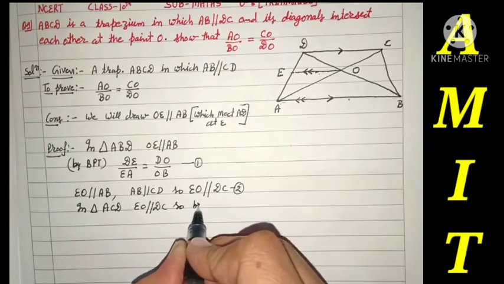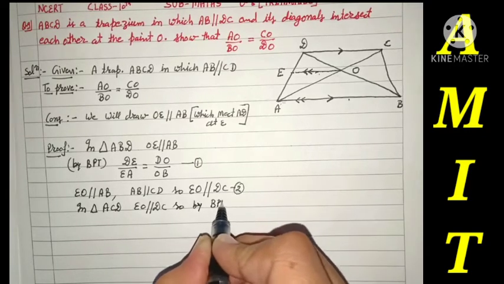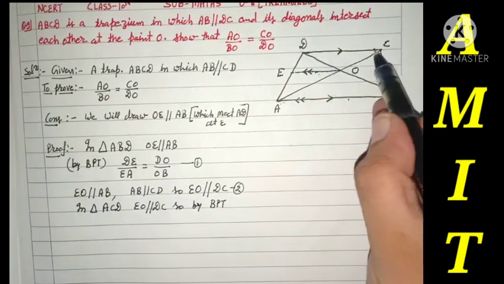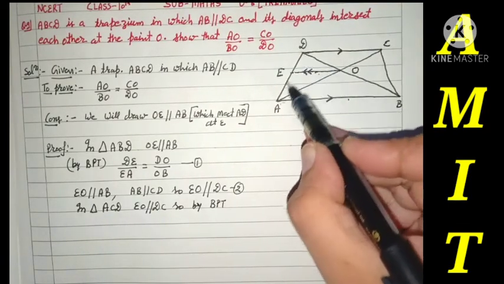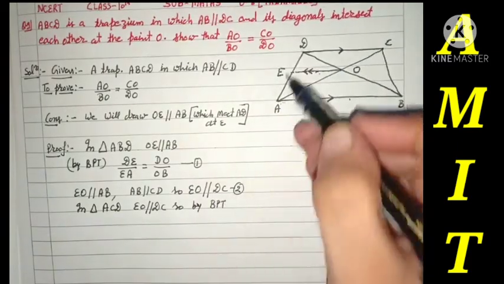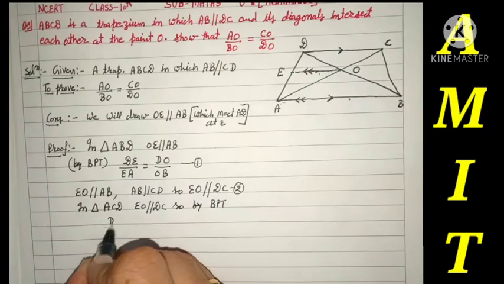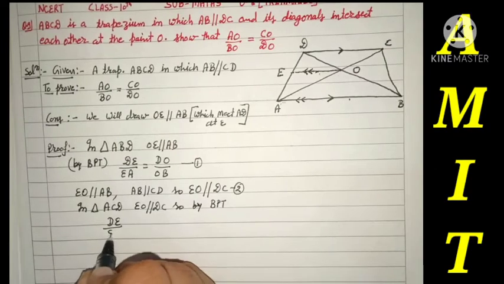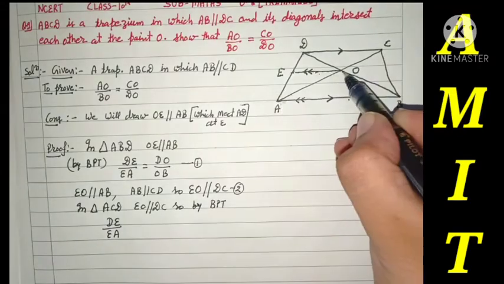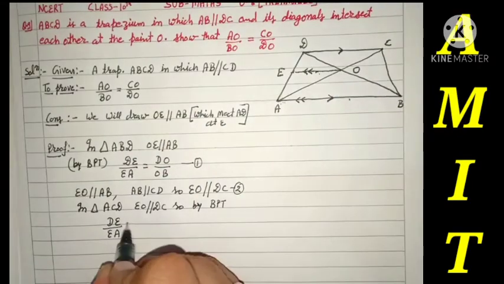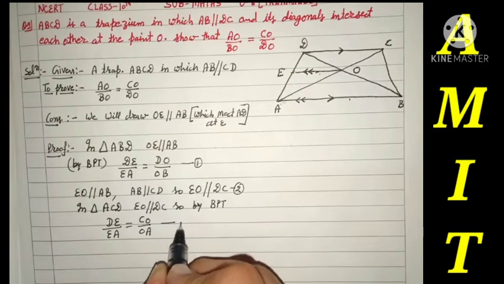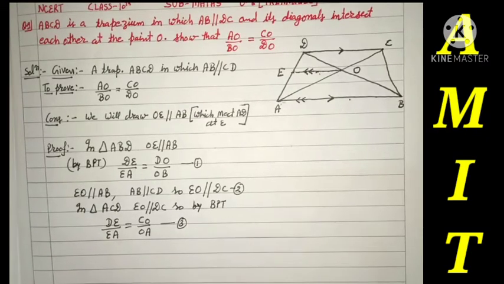So by BPT this line is parallel to this side of the triangle, so it will divide the other two sides of the triangle in the same ratio. So from here we can say DE upon EA will be equal to CO upon OA. Let's say this is equation number 3.